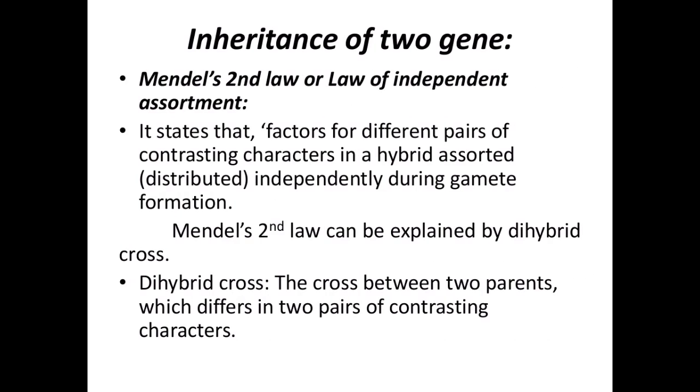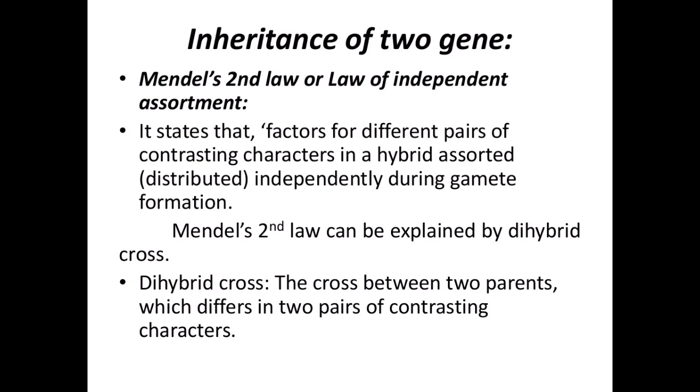Now see the inheritance of two genes. In this case, two pairs of contrasting characters, that is in this hybridization, and Mendel's second law, the law of independent assortment, can be explained through this dihybrid cross.